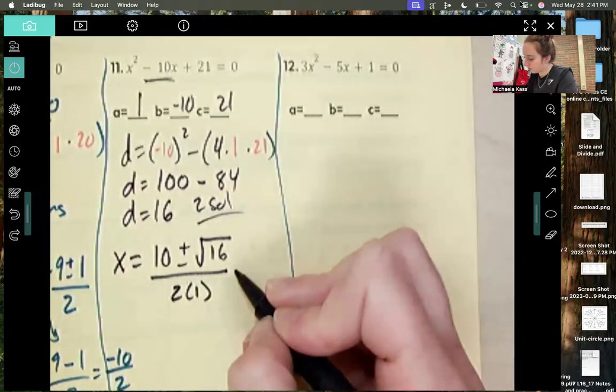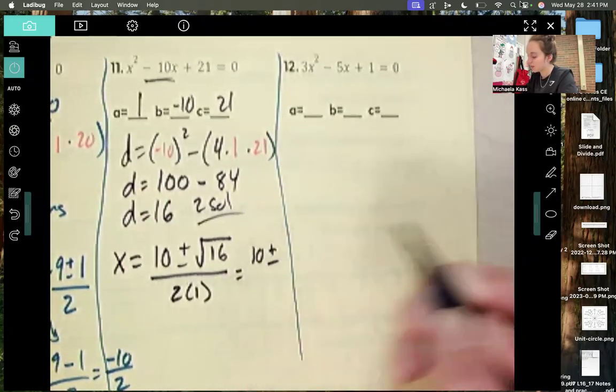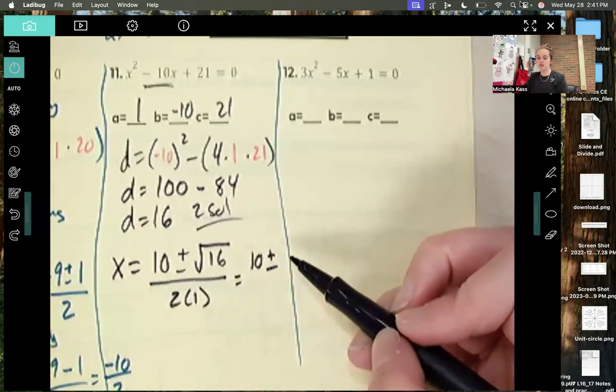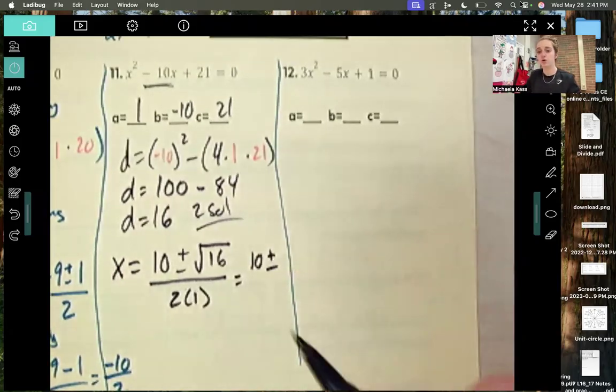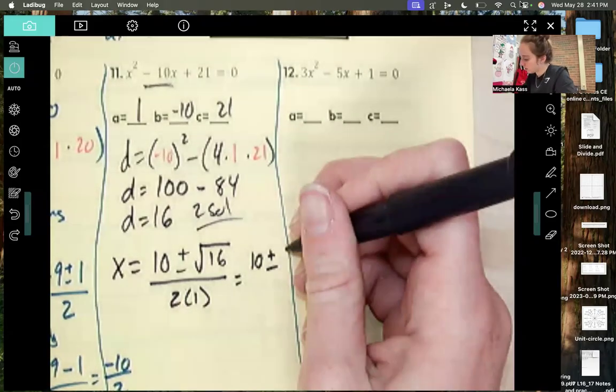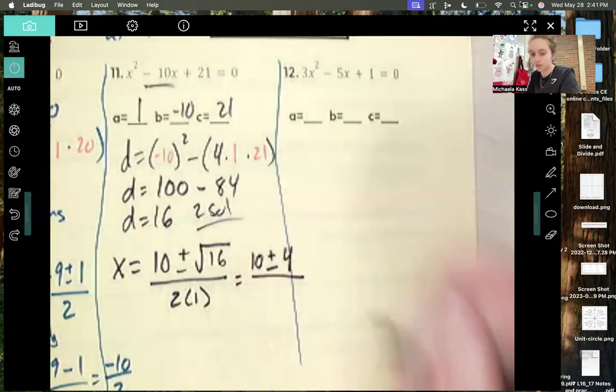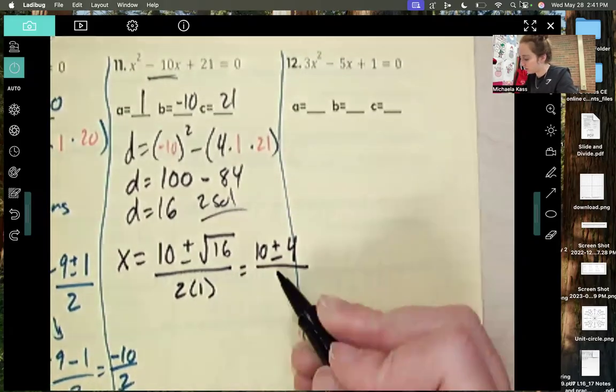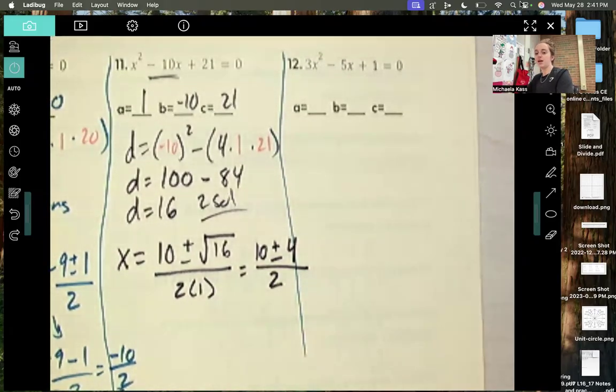Okay, now I'm going to keep going. We got 10 plus or minus. Please don't just put 16 here. Okay, the question is, what is the square root of 16? The square root of 16 is 4. 4 times 4 is 16. Okay, and then 2 times 1 is 2. Now that we have this, we break it apart, right? 2 equations.